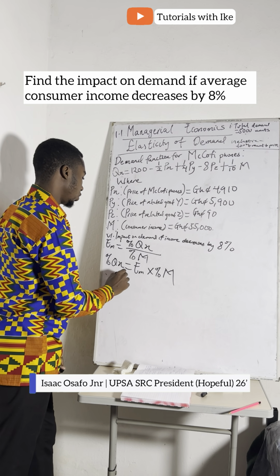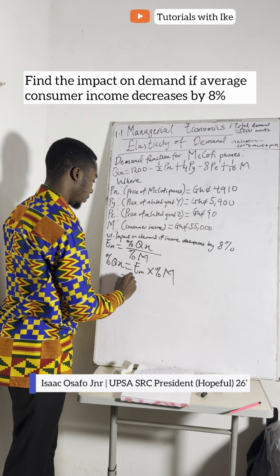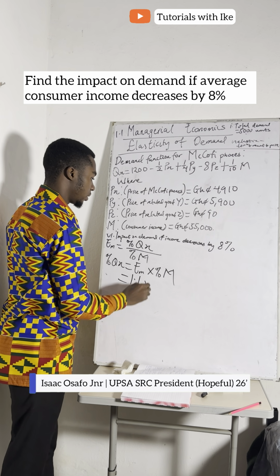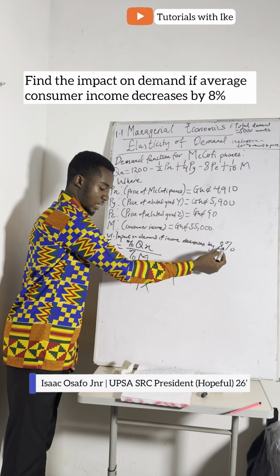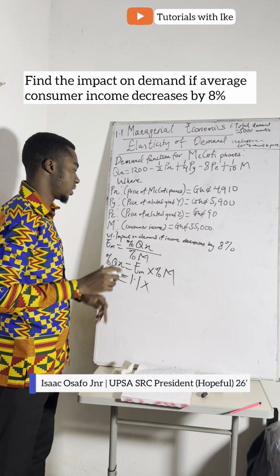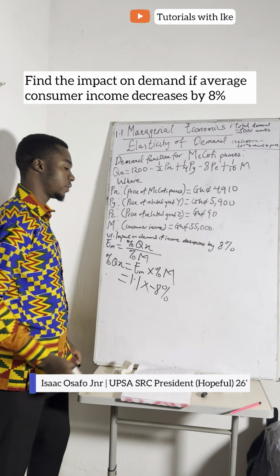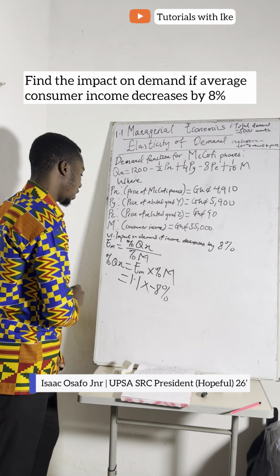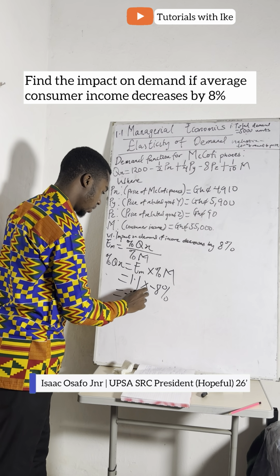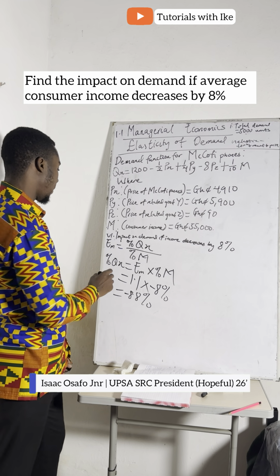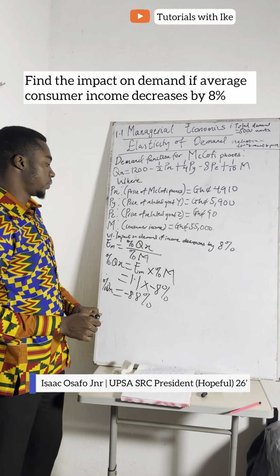So this is going to be equal to 1.1 that we solved for, times the percentage change in income, which is our 8%. But because it decreases, it is negative 8%. If it was increasing, it will be positive 8%. Do you get it? So now we can solve this step by step, and we should be getting negative 8.8%, right? So it means that our percentage change in quantity of X is negative 8.8%.